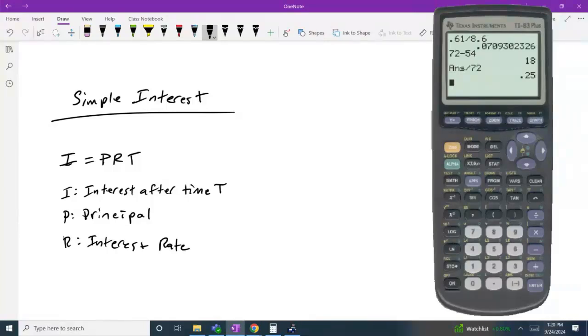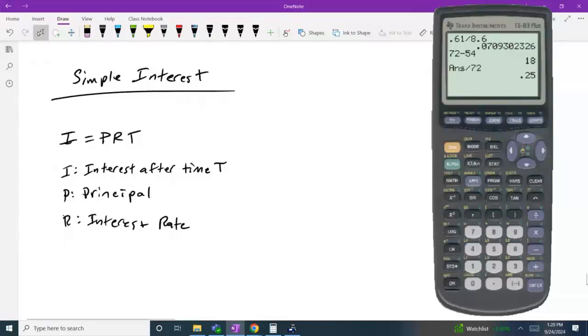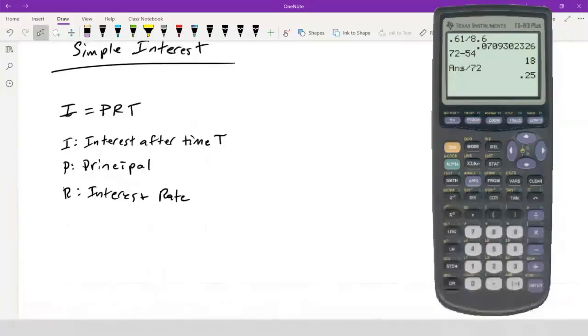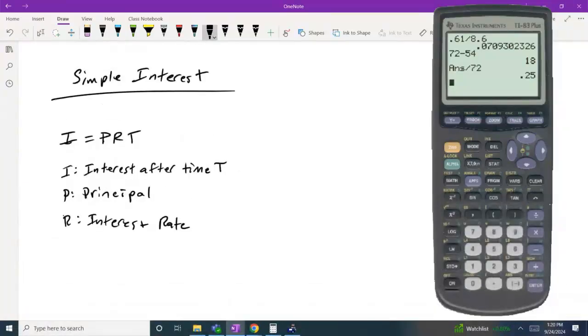Okay, and the banks will set the interest rate. I'm not going to say this is a trick a bank will do, but you notice that if you put your money in a savings account, the bank will probably give you 0.01% interest.